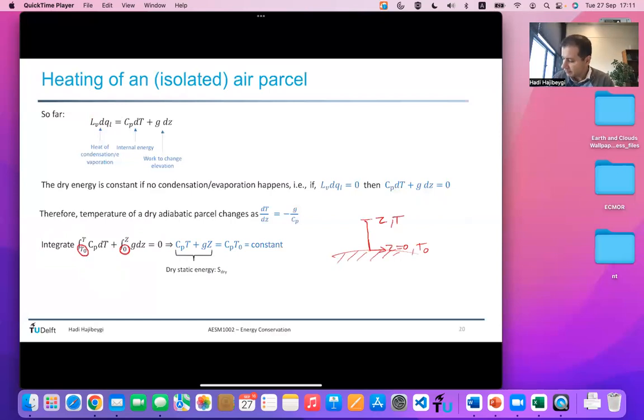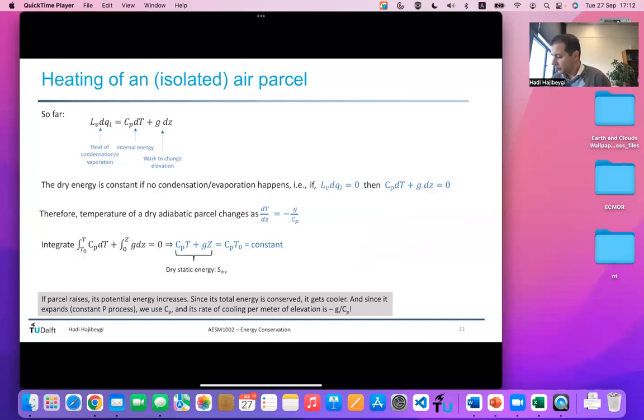So I integrate my ordinary differential equation, which would then say that Cp T plus G z, simple integration, will be Cp T0, which is constant.